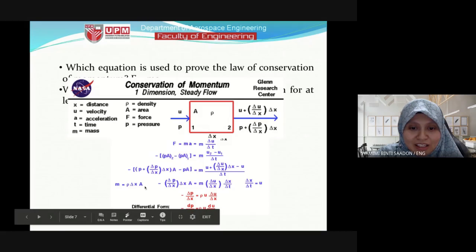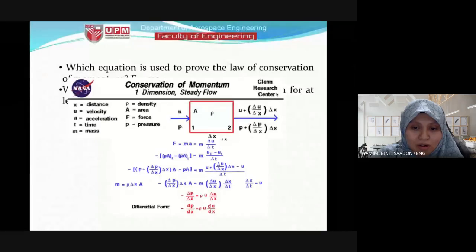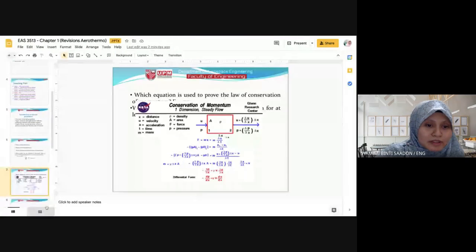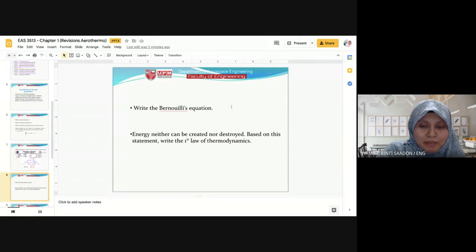We substitute this conservation of mass equation into this equation, and we get the differential form of conservation of momentum. There's another way to write the conservation of momentum. Next question, Bernoulli's equation.